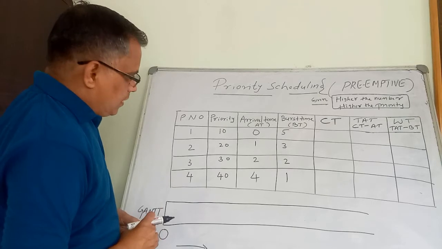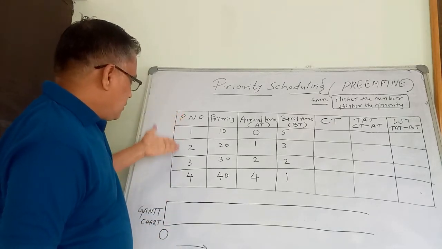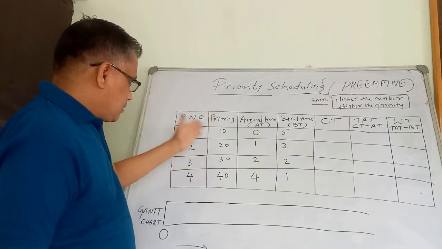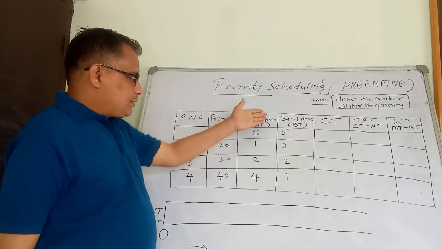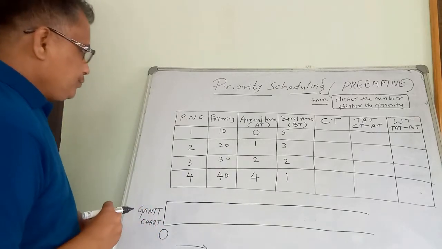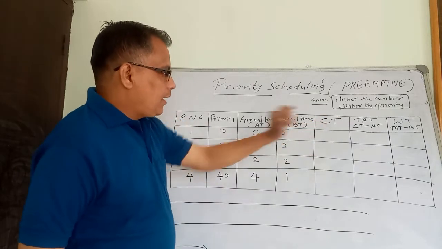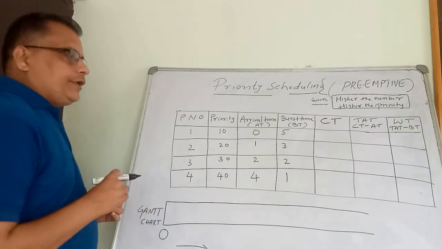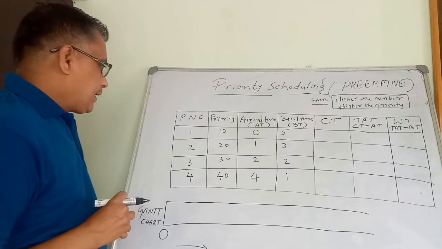What is the given data? In the first column process numbers are mentioned, in the second column priorities of the corresponding processes are given, and arrival time as well as burst time are also mentioned. We need to find out the completion time, turnaround time, and waiting time of each process. Later on we need to find out average turnaround time and average waiting time.